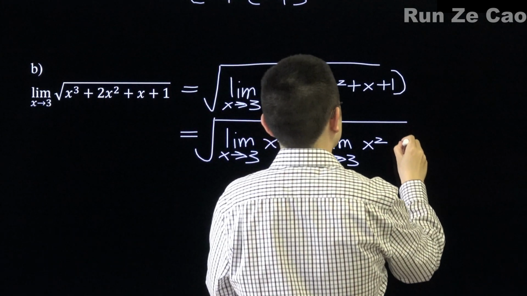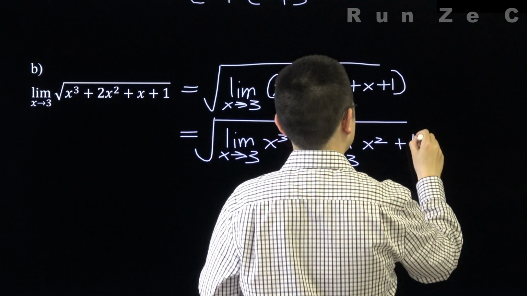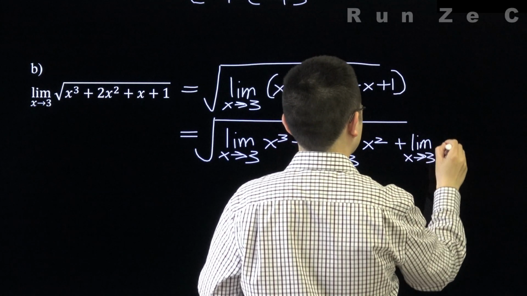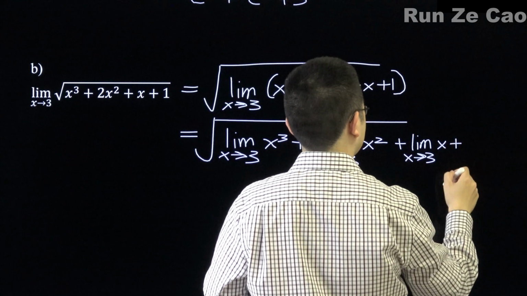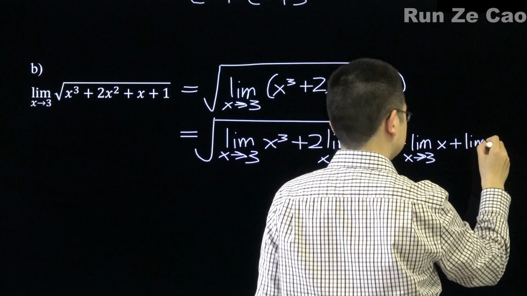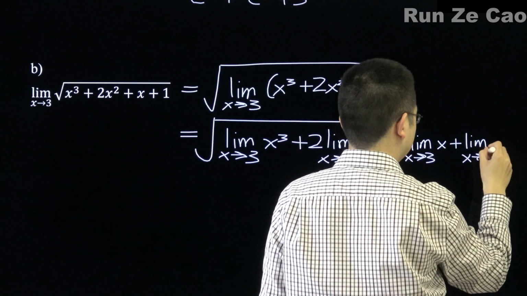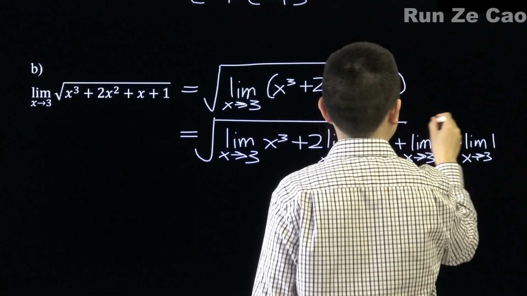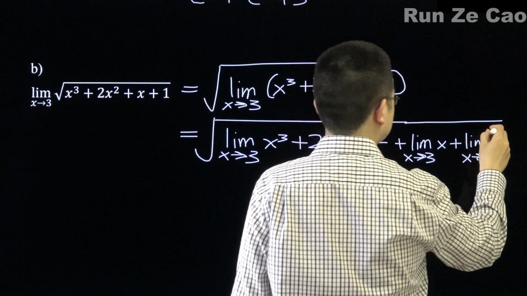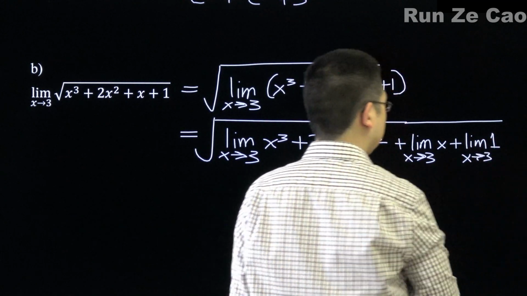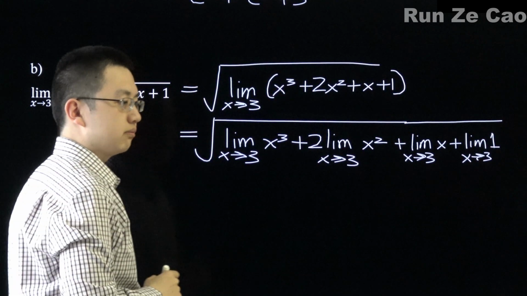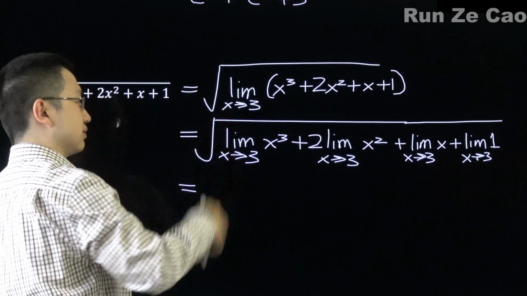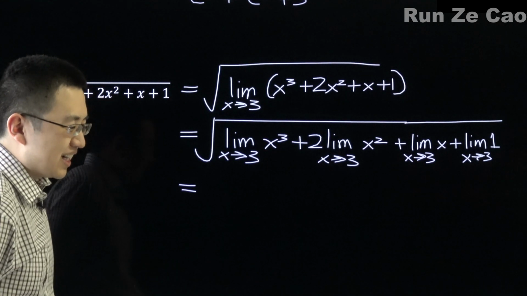Okay, so plus the limit as x approaches 3 of x plus the limit, I do realize this is a little silly now. Okay, 1. And depending on teacher, you might want to make your L's and 1's very different. My usual L has a little curl at the end, so I can get away with just straight line 1's. Okay.